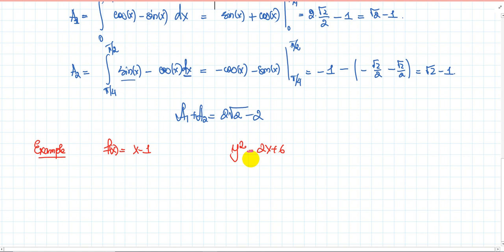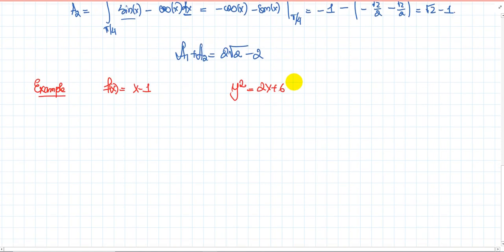So when you have y squared equal to some linear function of x, it will be a parabola which lies on the x line, whether it looks to the right or to the left. In this case, it looks to the right. Okay? So let us try to do this.